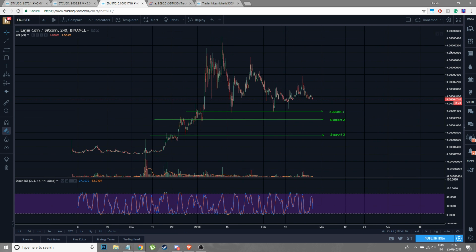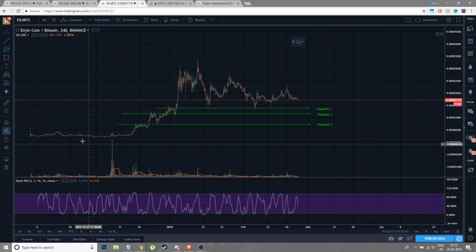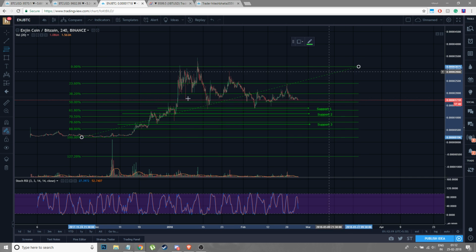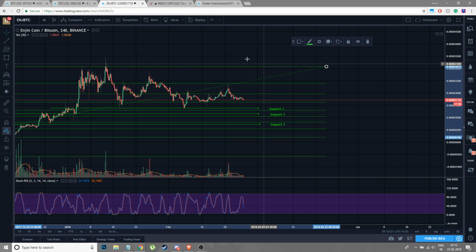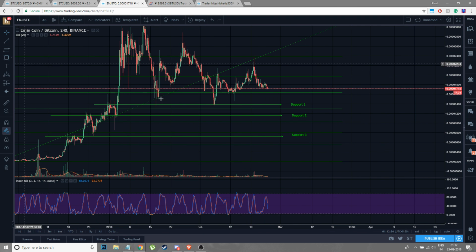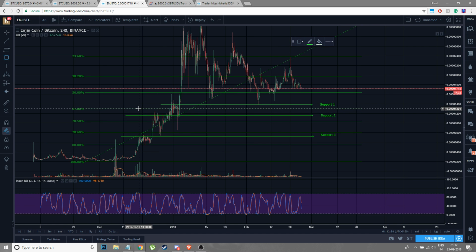These are the lines of support for Engine, and if I redraw the fib now, okay, that makes some sense, right? Where there are regions of support everywhere in this region, right? So I think support 3 will not be hit. I think support 1 won't hold.